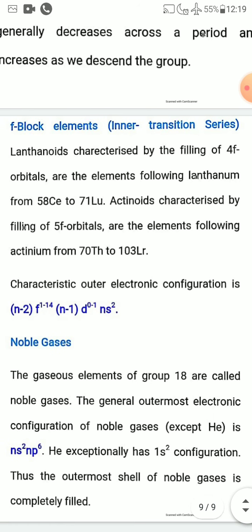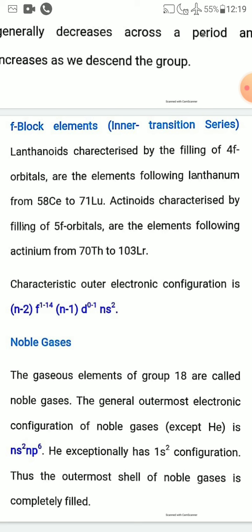Now, the characteristic outermost electronic configuration for F block elements is (n-2)f1 to 14 (n-1)d0 to 1 ns2. And the last, noble gases.